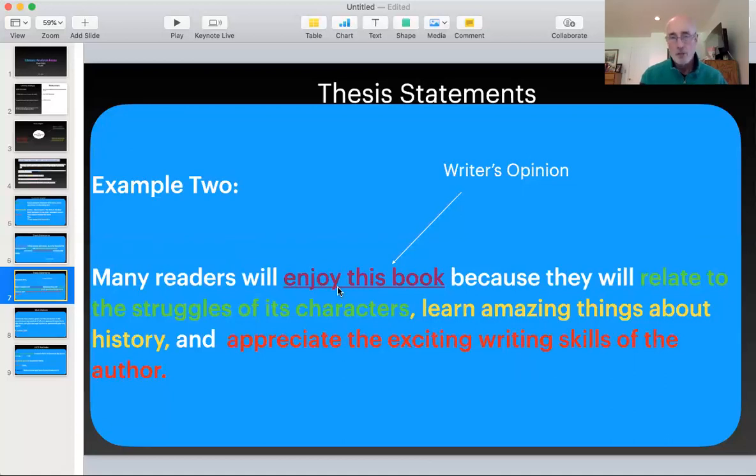So here's your opinion. And then I'm going to give three reasons: relate to the struggles of its characters, learn amazing things about history, that's number two, and then appreciate the exciting writing skills of the author. That's three reasons why a person would enjoy the book.